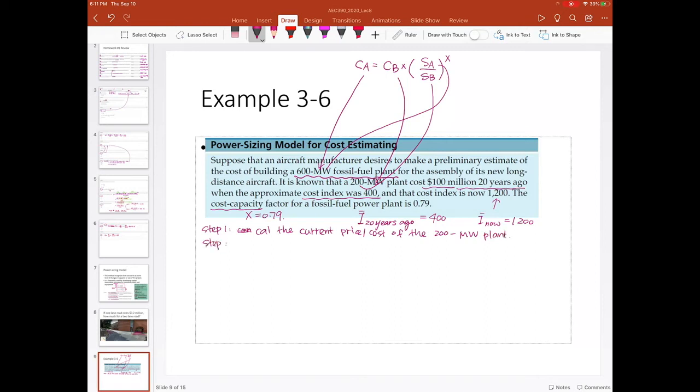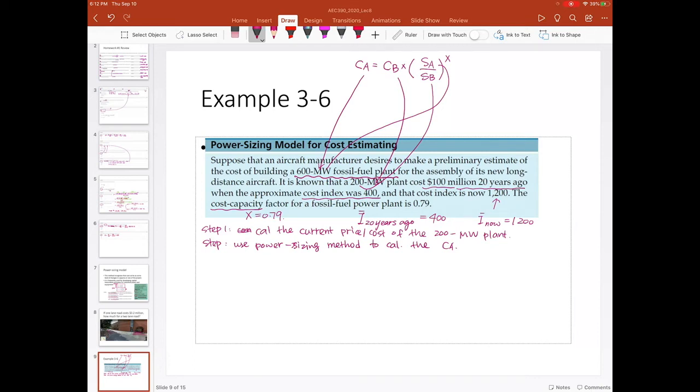And step 2, we want to use power sizing method to calculate the CA, which is the 600 MW fossil fuel plant.